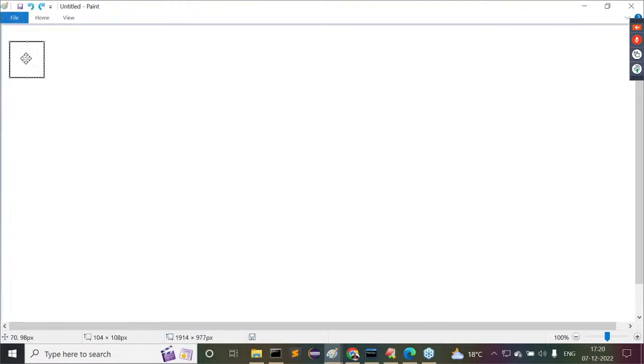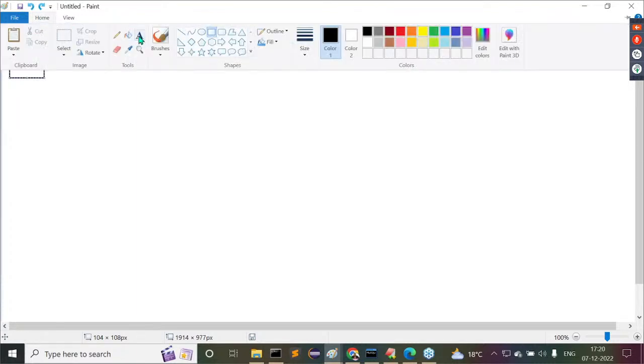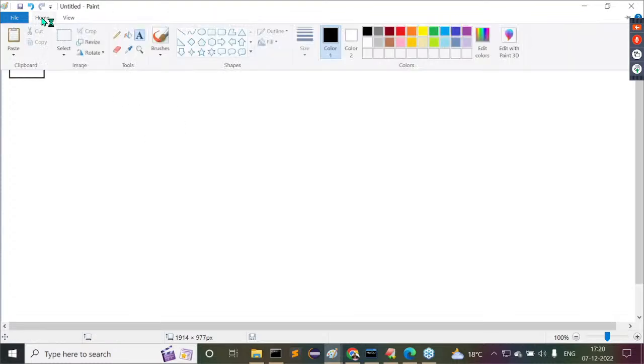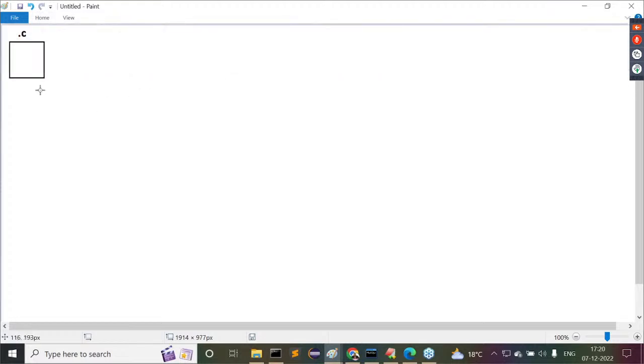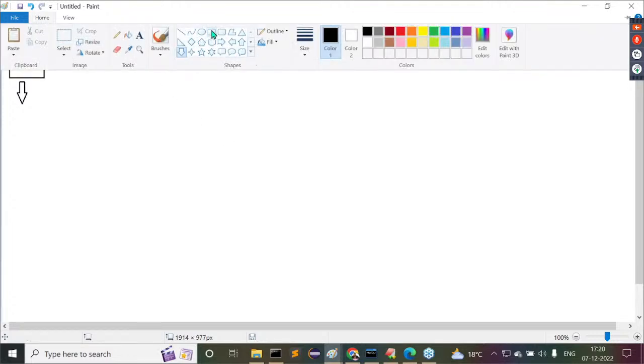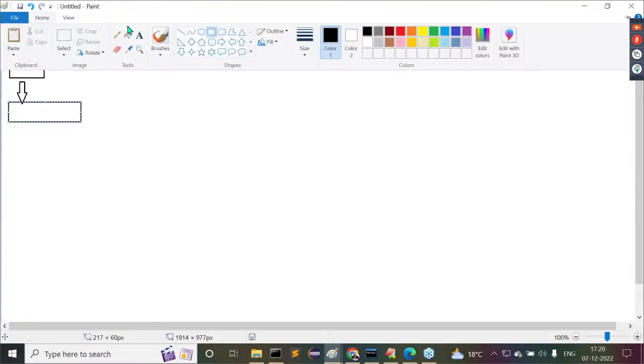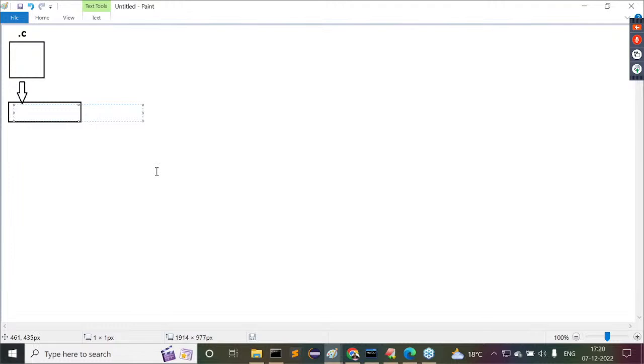This is a C program, a .c file. Whenever we have taken this file, here we have to perform compilation or not. When a .c file is available, definitely we have to perform compilation. So I want to perform compilation.